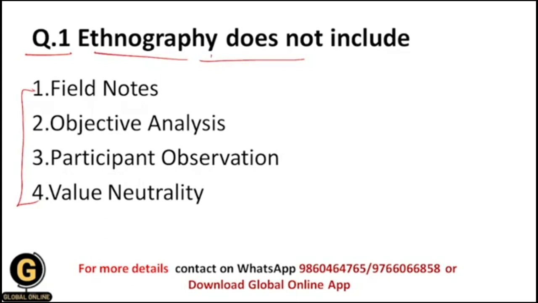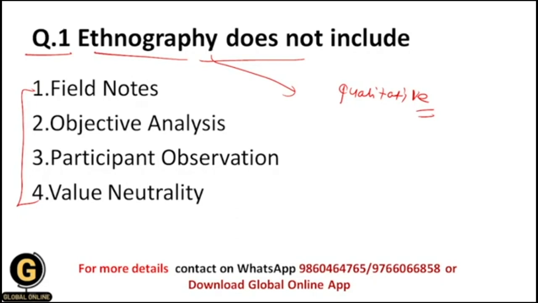Basically students, ethnography is qualitative research, because within the ethnography method, we study the culture of a specific community or society. We also study the behaviors of the participants, how they behave, what their characteristics are within the community, and what the cultures of the community or society are.